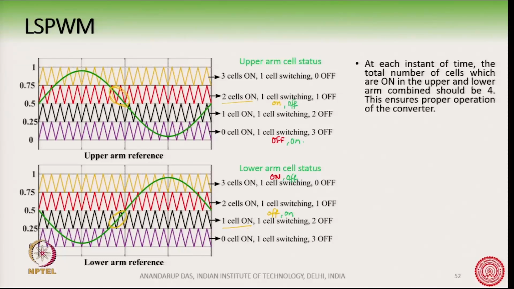So, if you take this and this part, then here also the number of cells in the total leg is again 2 plus 1 plus 1, that is 4 cells are on, 4 cells are off all the time. And this must be ensured for the proper operation of the converter at any instant of time. This must be kept in mind.